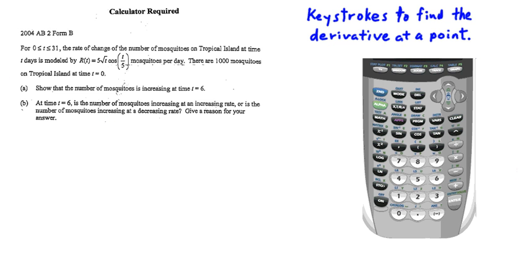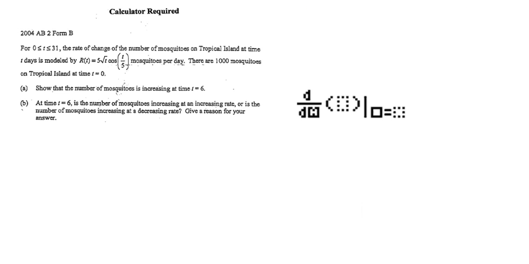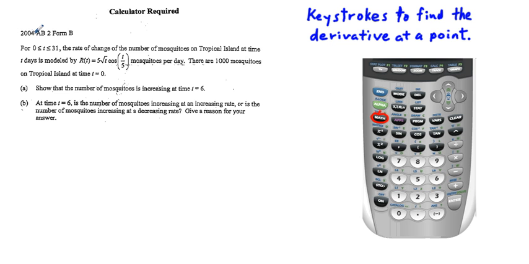Next, we look at part B, and we're going to find the derivative at a point. The keystrokes for that: we press the math key, then option 8, which is derivative at a point.